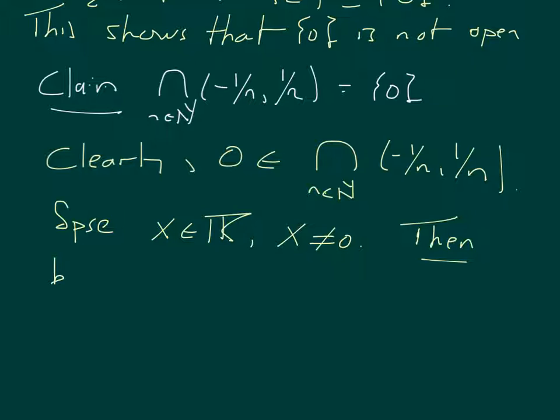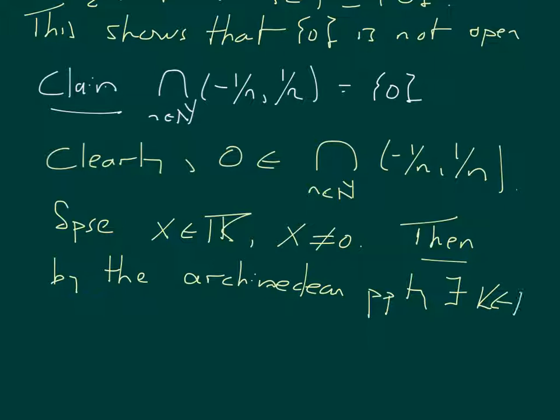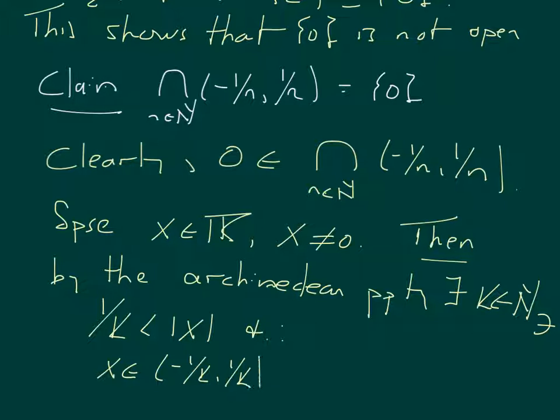Then, by the Archimedean property, we know that there must be some positive integer k such that 1 over k is less than the absolute value of x, and therefore that means that x is not in the set (minus 1 over k, 1 over k).